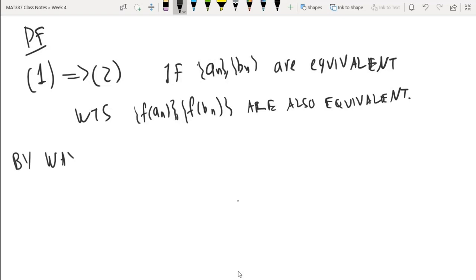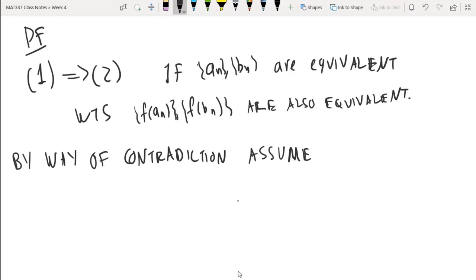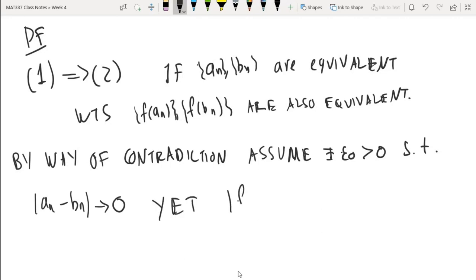So by way of contradiction, assume that there exists epsilon naught so that |f of an minus f of bn| is lower bounded by epsilon naught, even though an minus bn goes to 0.